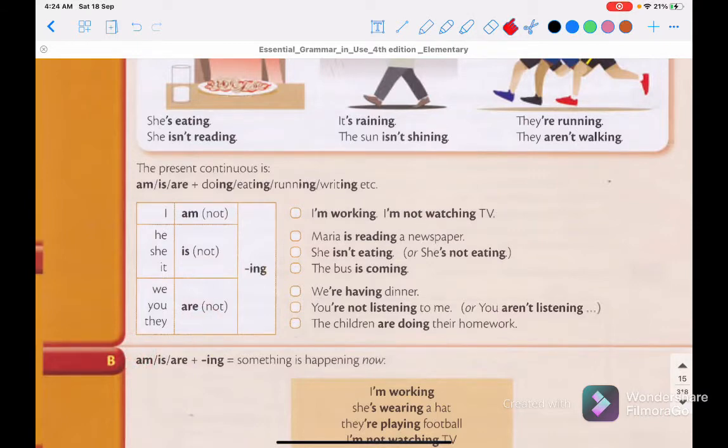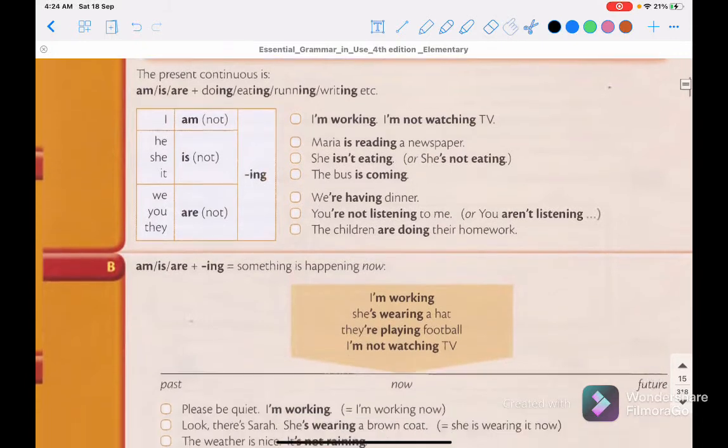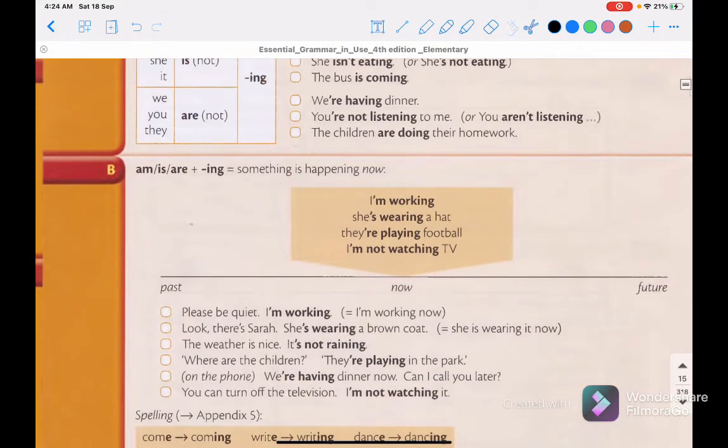So the present continuous tense consists of am, is, are plus the verb with ing. Let's read here. I am working. She is wearing a hat. They are playing football. I am not watching TV.